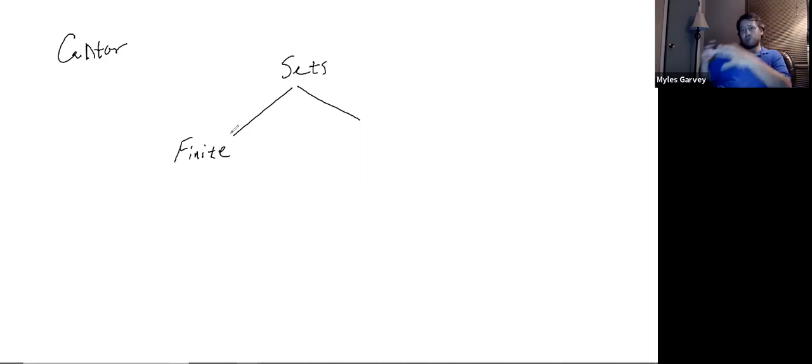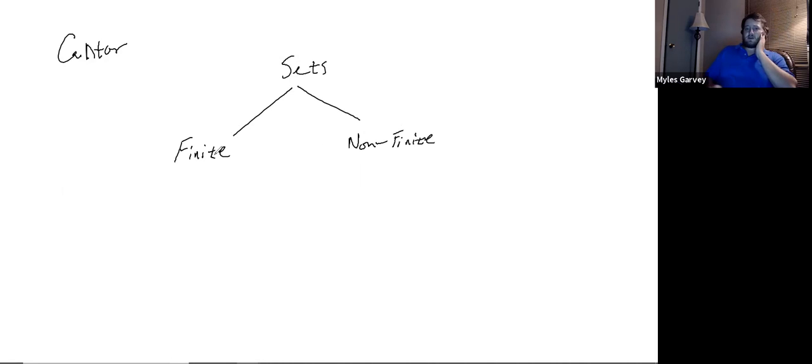Because when we talk about the size of sets, remember, sets can be broken up into two major categories. Either they are finite, in other words, we can list out each element in the set explicitly and have a definitive end in that listing, or the set is non-finite, in which case there is no definitive end.